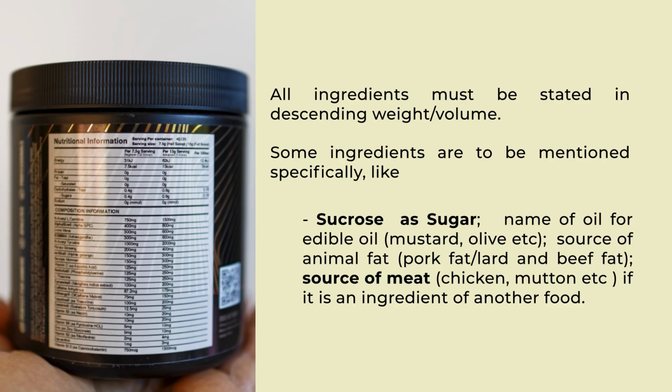If any kind of animal fat is used in that product, then the source of the animal fat, whether it is pork fat or beef fat, has to be mentioned. If any meat is used in the product preparation, then the source of the meat like chicken, mutton, beef, etc. should be mentioned in the list of the ingredients.